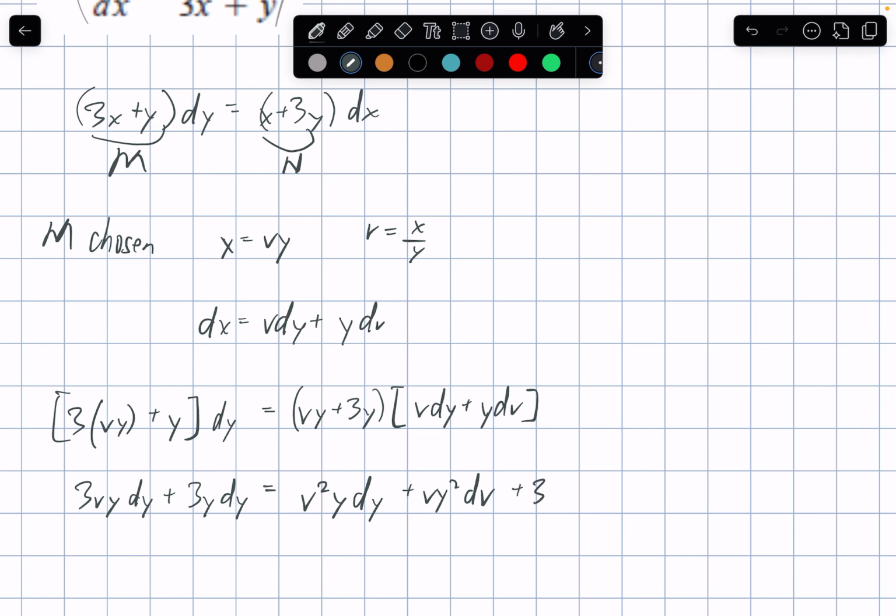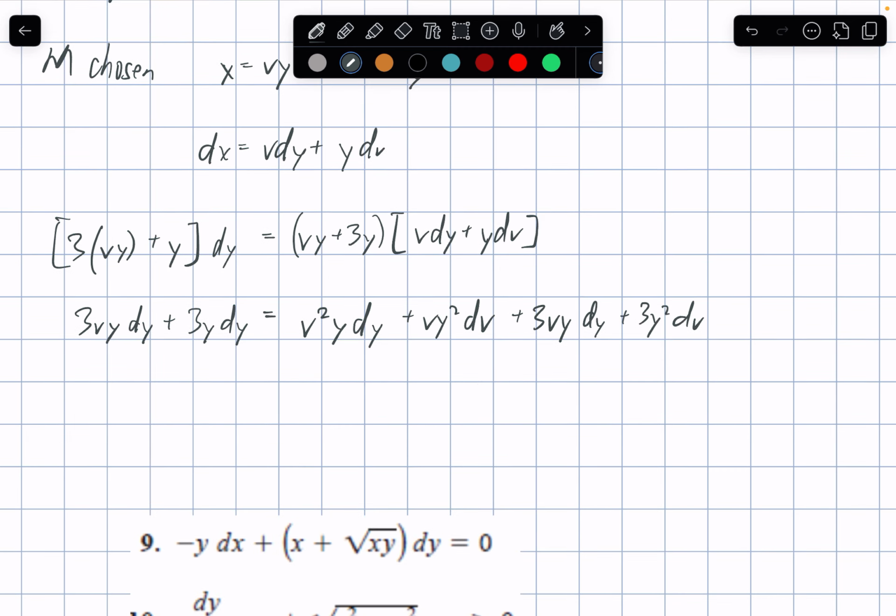Correct? Okay. 3vy dy plus 3y squared dv. Transpose.